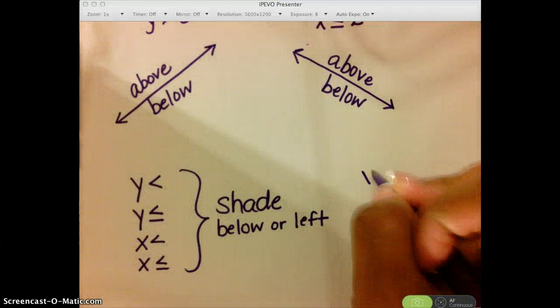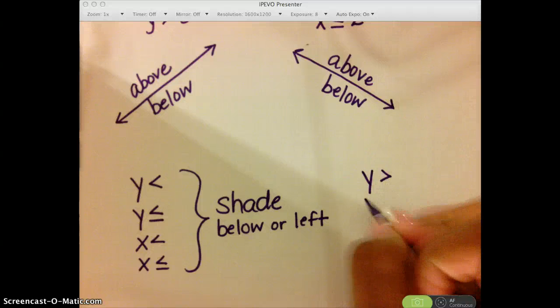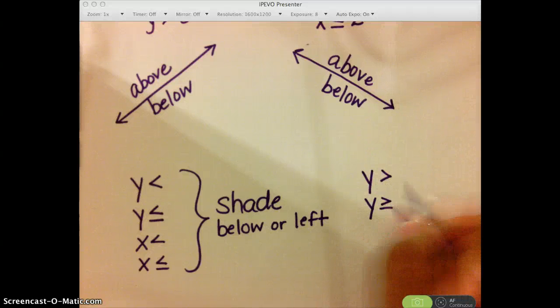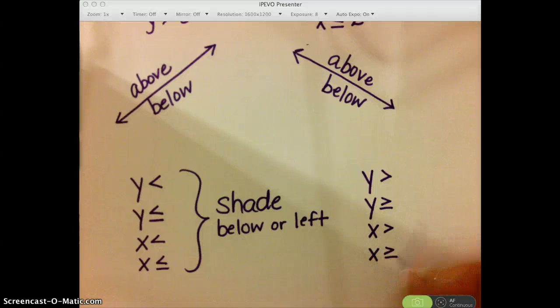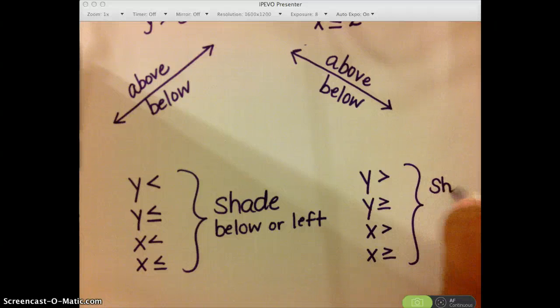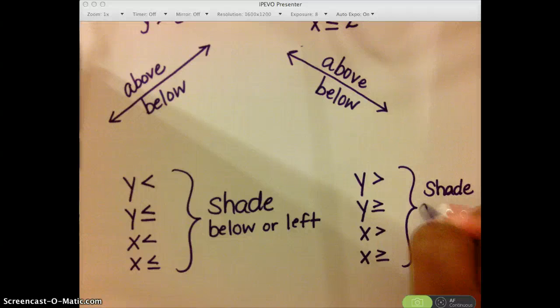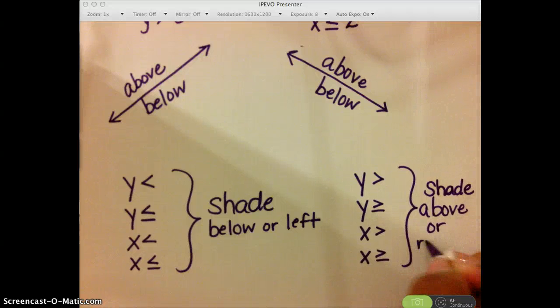If you have y is greater than, y is greater than or equal to, x is greater than, x is greater than or equal to, we're going to shade above or to the right.